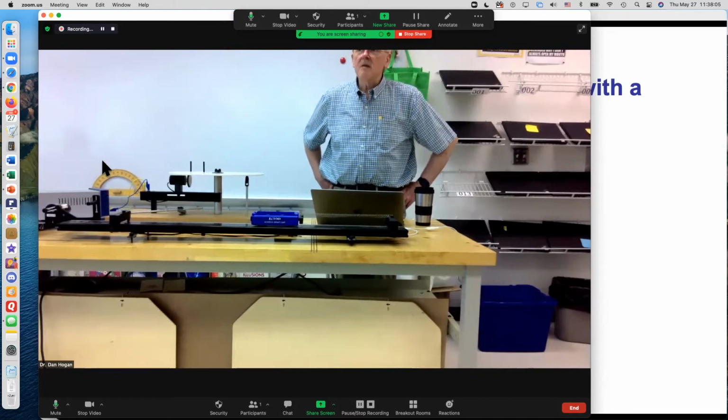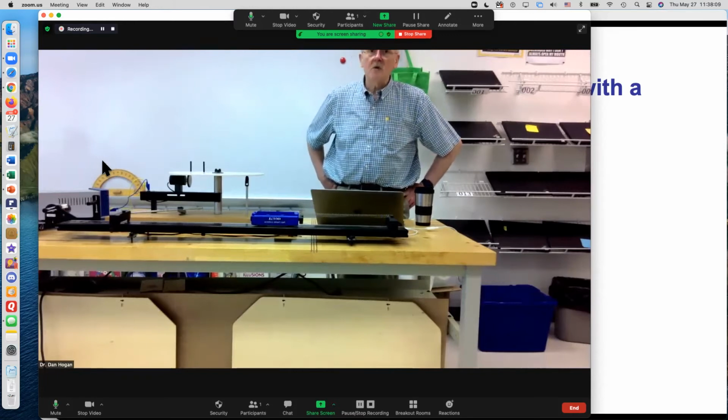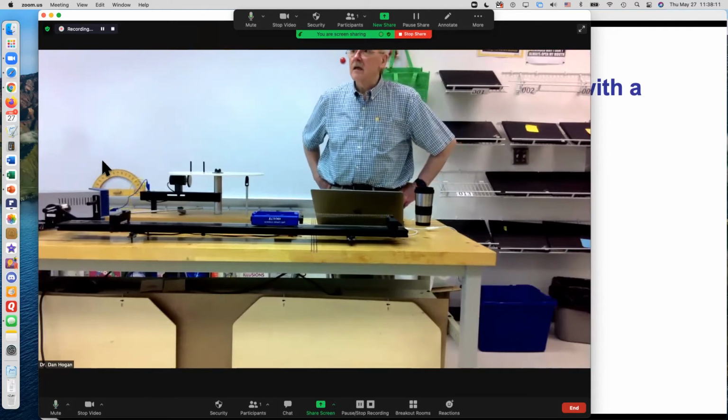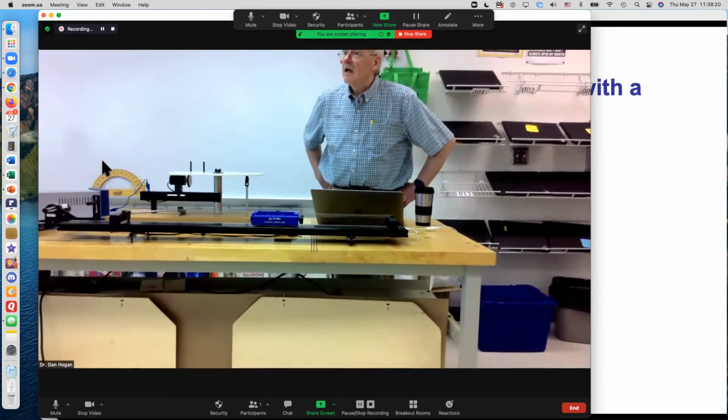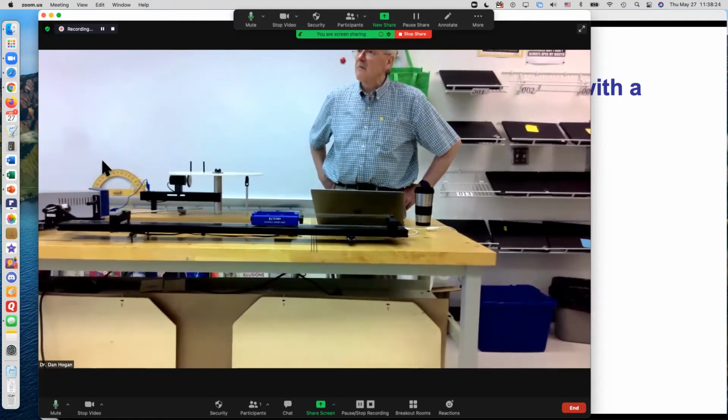So what does simple harmonic motion look like normally if there's no drag? It's sinusoidal, right? That's what it's like for a normal simple harmonic oscillator.